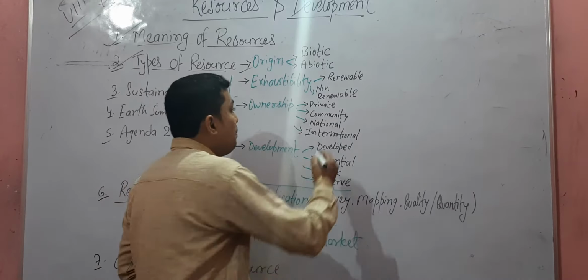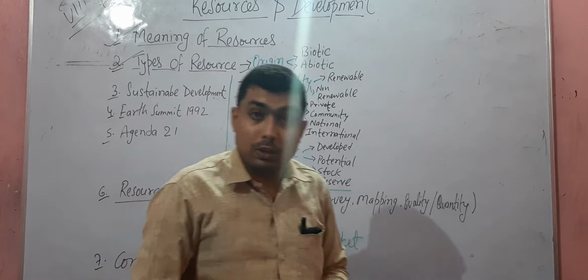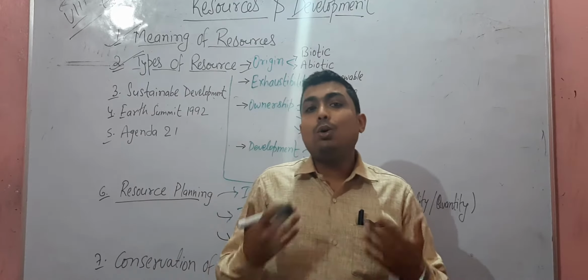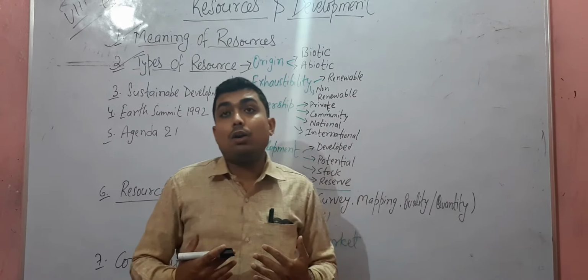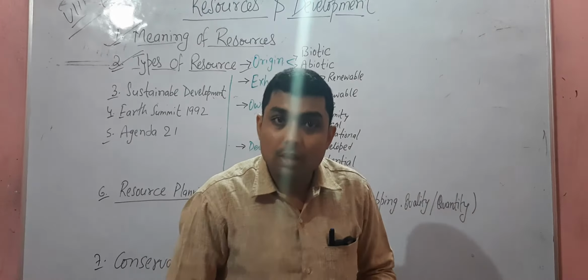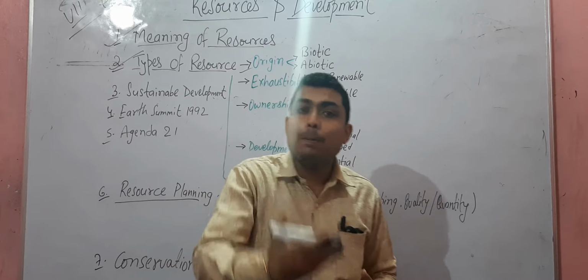Students, number one is private or individual, or a group of individuals. For example, all those resources which we earn or which we use privately. For example, your house. If you are living in your own house, then that house is your private property.